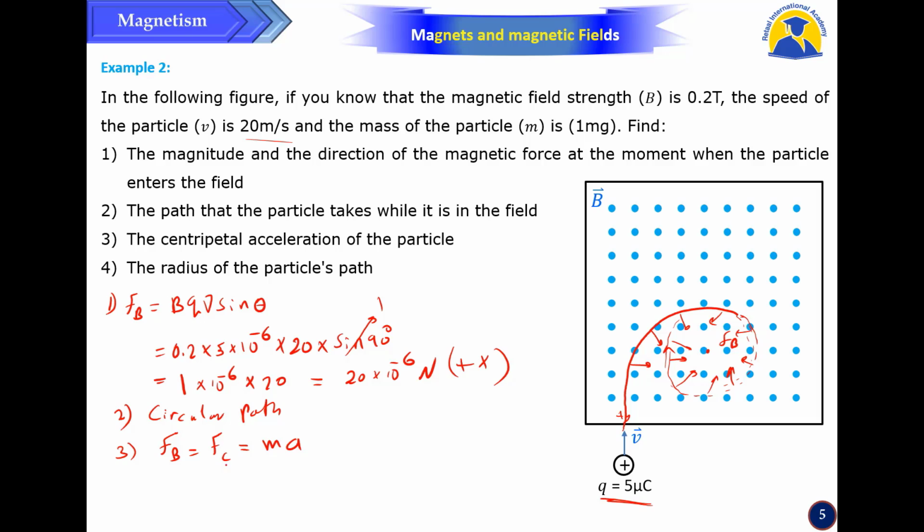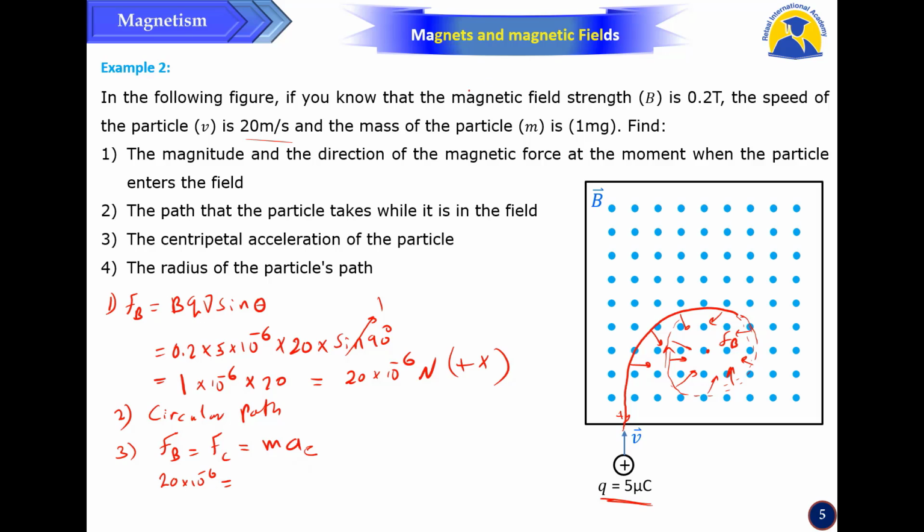When we say FC, this means MAC. Here, the AC is the centripetal acceleration. FC is the centripetal force and is the same as the magnetic force. So we can say here 20 multiplied by 10 power minus 6 will equal MA.